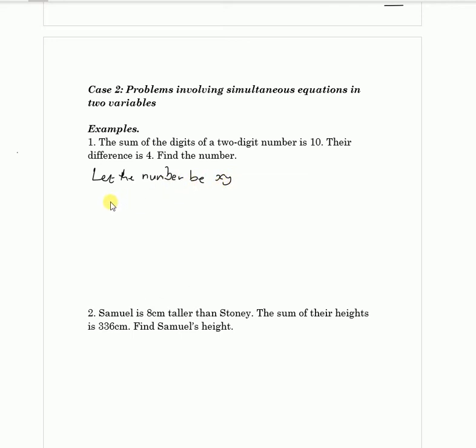So we have that the sum of the digits, that is x plus y, is equal to 10. Then we have the difference, x minus y equal to 4.